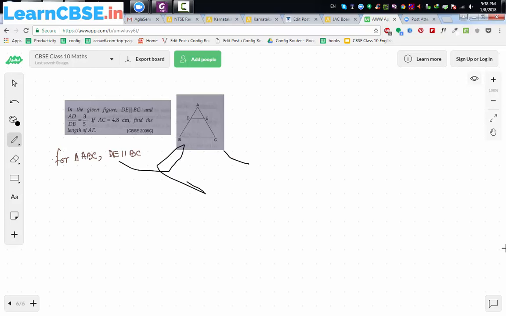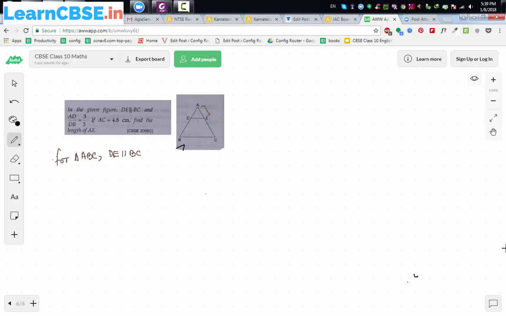Second thing we can write: I can take AE as x centimeter, because here the entire AC is given.